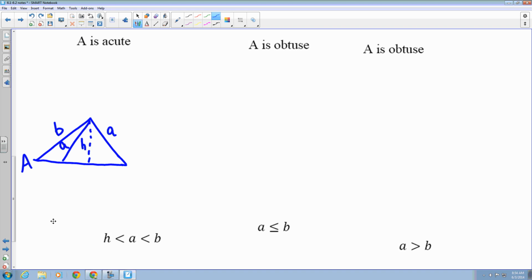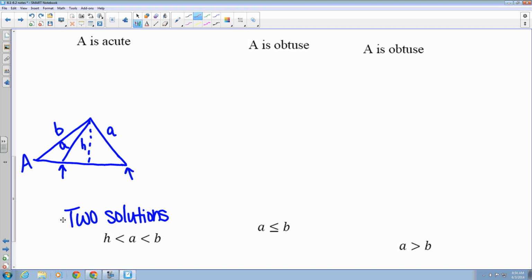I drew 2 different situations there. We have 2 solutions. Your side could either be inside the height, which this is, or outside the height. So we have 2 different triangles, and we need to find both solutions with those cases.